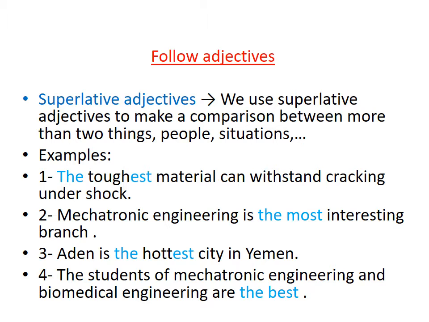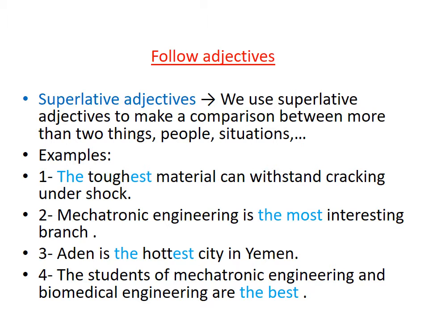So now we will move to talk about the superlative adjectives. We talked about the comparative adjectives, and we said that we use them when we want to compare between two things, people, situations, whatever. Now, if I want to compare between more than two, we use what we call superlative adjectives.